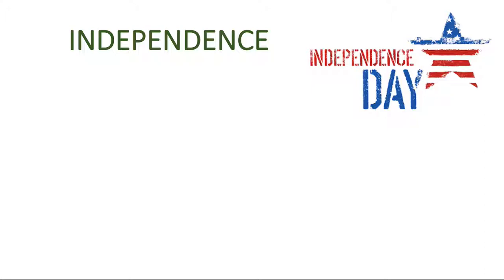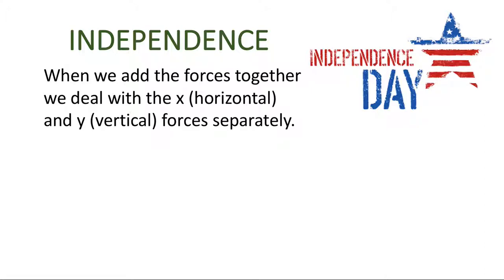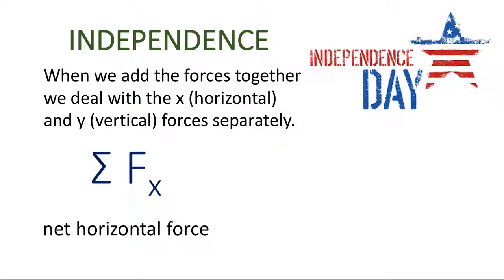A few days ago, we talked about the independence principle, and we learned that the x and y dimensions are independent of each other. What that means today is that when we add the forces together, we deal with the horizontal and vertical forces separately. That means that we're going to have to do two calculations.